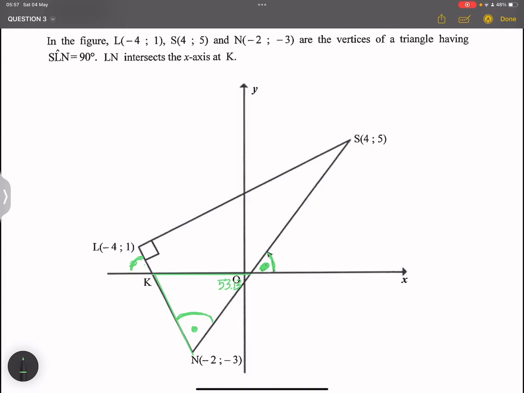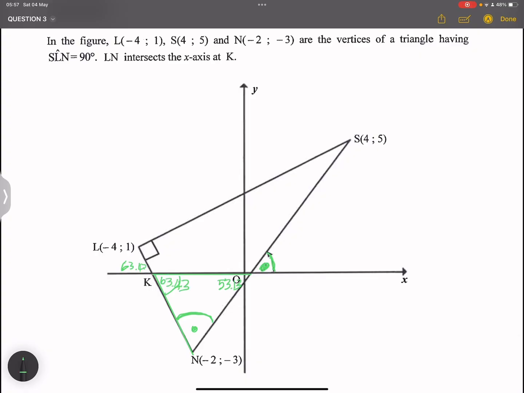And remember that we take the angle of inclination from the right hand side. So usually we are getting this angle over here, but in that case we got this one to be 63.43. So that means this angle over here is 63.43. They are vertically opposite, right?